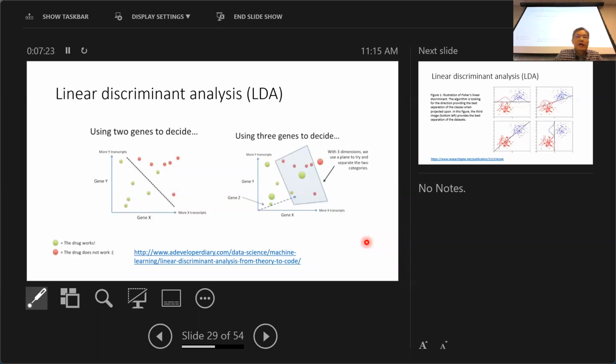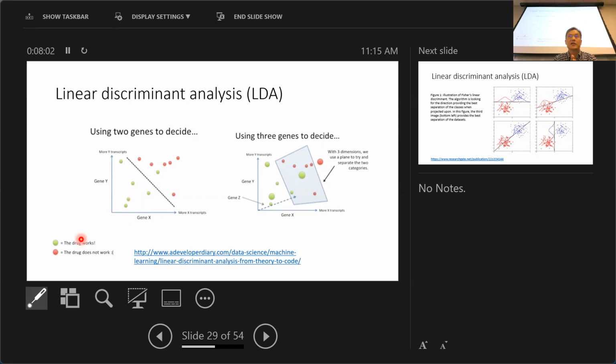Okay, next is called linear discriminant analysis, LDA. LDA is pretty much like PCA. If you don't consider the data points as two categories, you just put black dots, then you learn a PCA and find this could be the first PC because it helps you separate the data points overall.